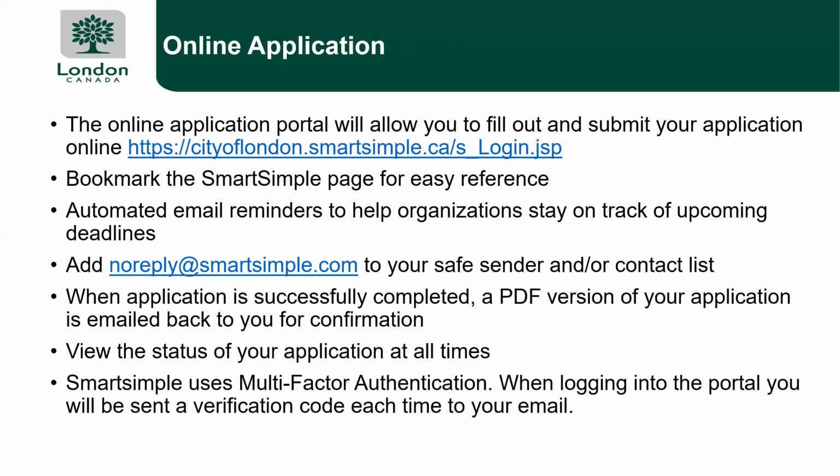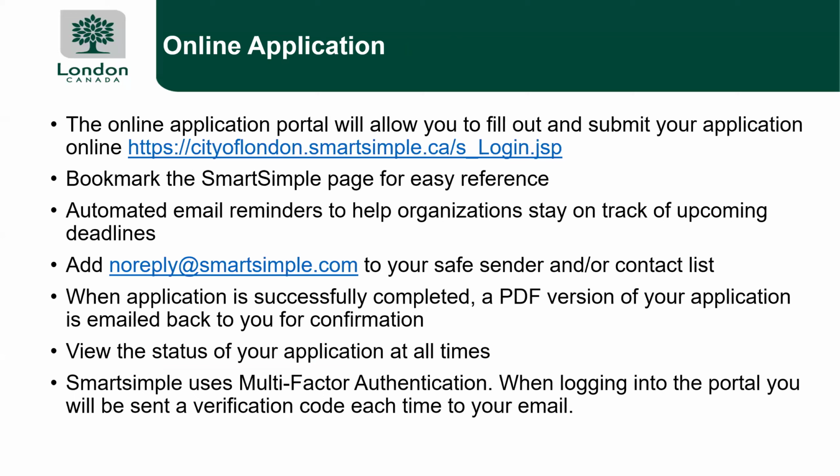The online application portal, like I said, is the City of London smartsimple.ca. You might want to bookmark that. You will get reminders, like I said. You will get notices from the no reply at Smart Simple, so you might want to make that a safe sender.